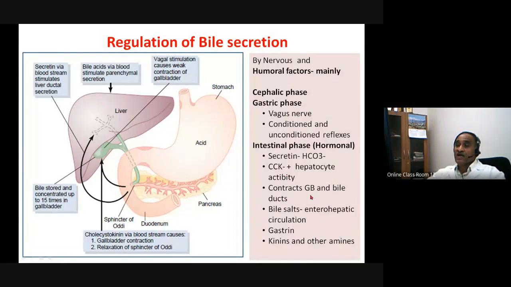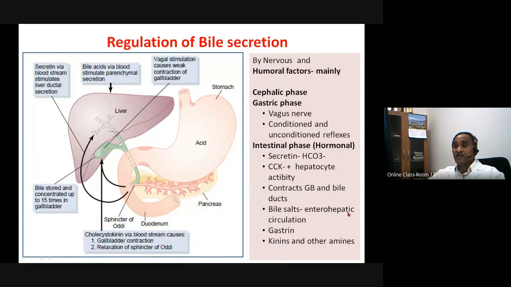So the gallbladder is an organ whose absence does not make much difference to our life.